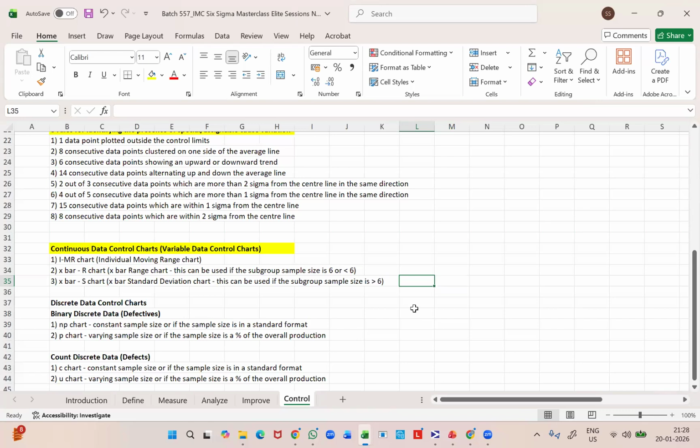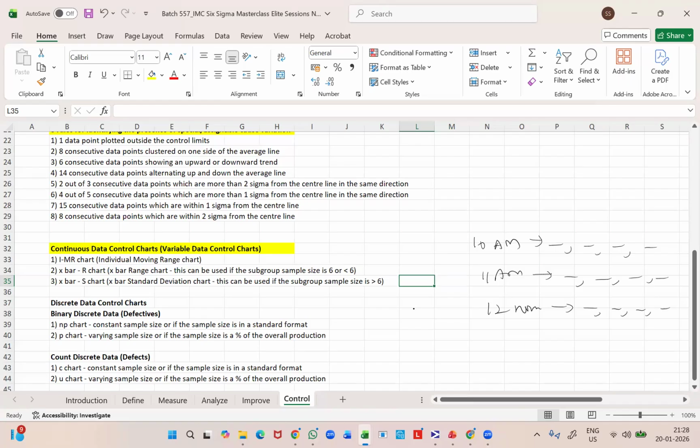So how will this sample subgroup actually look? Say, for example, you are collecting the data every 1 hour, because as I told you, in a control chart we will be plotting the data over a period of time. Suppose you are collecting the sample data points every 1 hour. At 10 a.m. we will have, let us say, 4 sample data points, at 11 a.m. 4 sample data points, and then at 12 noon again 4 sample data points.